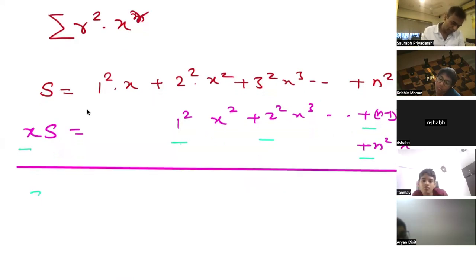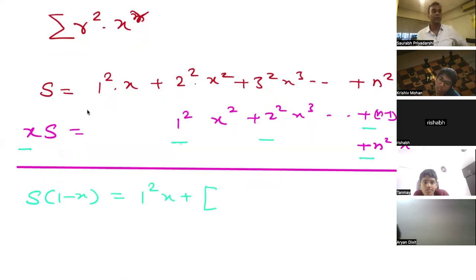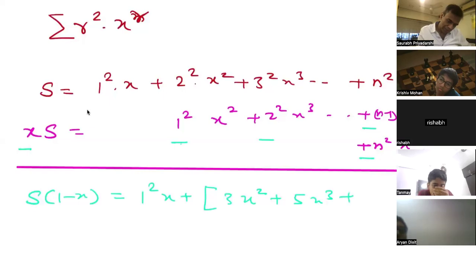So what I'm getting is S1 minus x is equal to 1 square x plus, if you'll see, 2 square minus 1 square is 3 x square plus 5 x cube plus 7 x to the power 4 and so on. And the last one will be 2n.